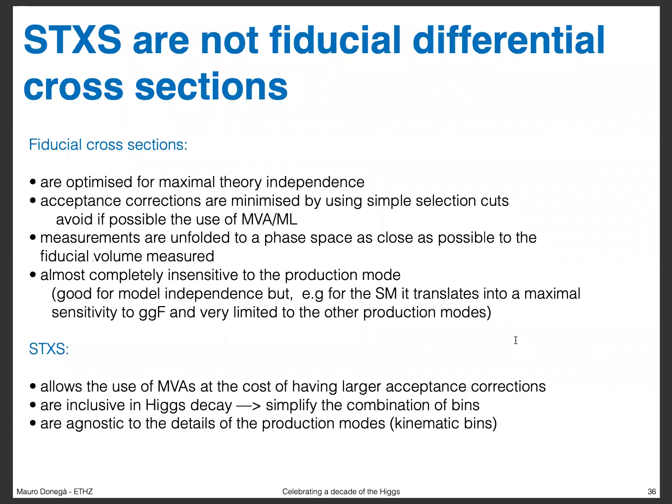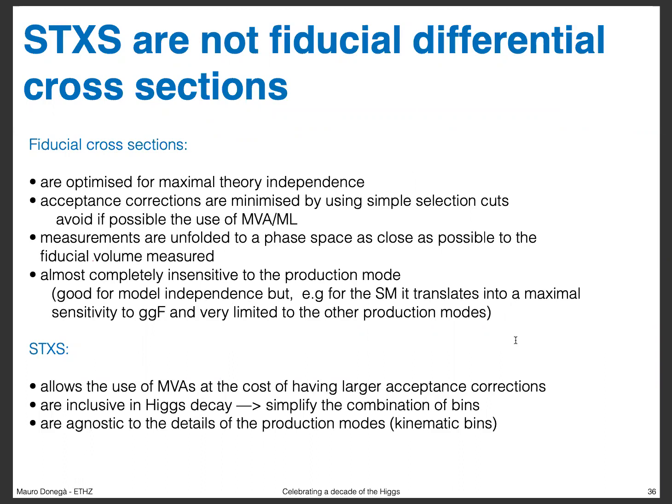Final point of comparison: STXS are not fiducial differential cross-sections. They are different things. In the fiducial cross-section, we optimize for maximal theory independence. The acceptance corrections are minimized as much as possible. The measurements are unfolded to a phase space which is as close as possible to the fiducial volume, and we're almost completely insensitive to the production mode.